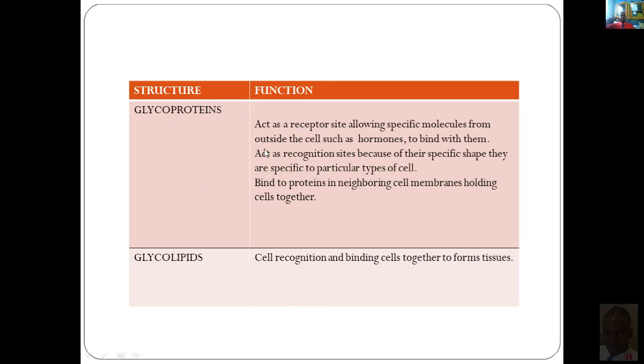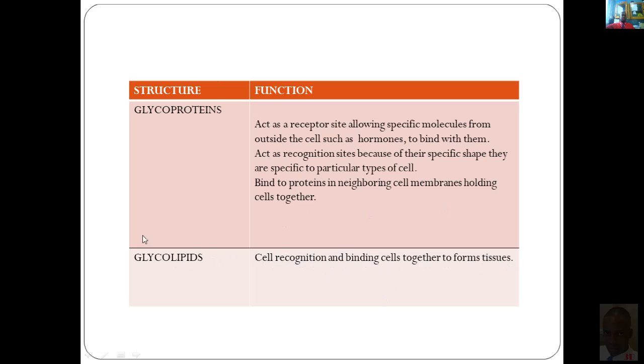So glycoproteins, basically what these do, these are like some IDs on the cell, and they act as receptor sites, allowing specific molecules from outside of the cell, such as hormones, to bind to them, right? And they act as recognition sites because of their specific shape. They are specific to particular types of cell.